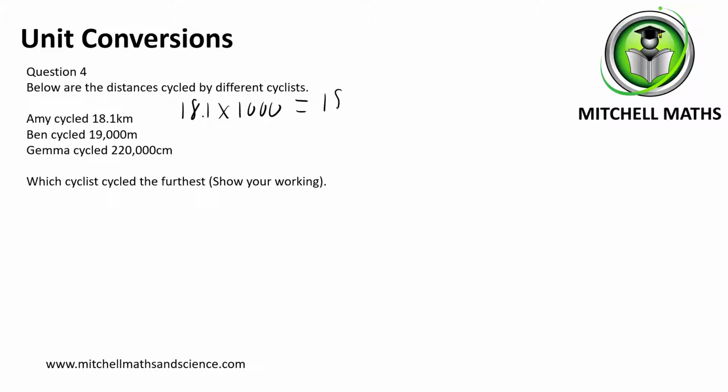And that'll give me 18,100, so I can see that Amy has cycled less distance than Ben. And I'm going to convert centimetres to metres, which I need to divide by 100. So therefore it'll be 220,000 divided by 100, which will give me 2,200. So from that I can see that the answer to that question is Ben. Because when we convert them all to the same units, we can see that Ben has cycled the furthest.